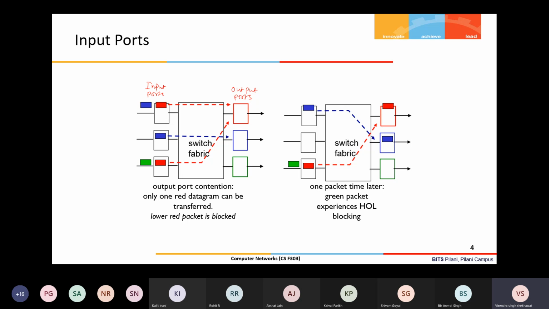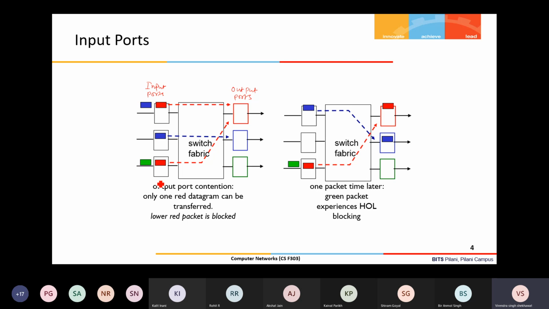But as I mentioned, in a real world scenario the same port can be used for input and output, with different line cards for input and output, so receiving and transmitting can be done on the same port as well.